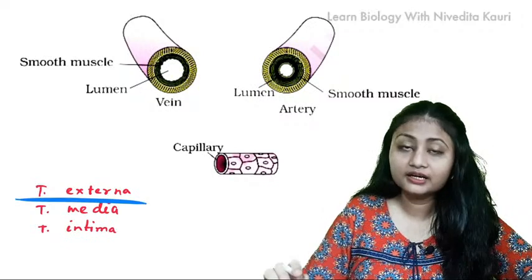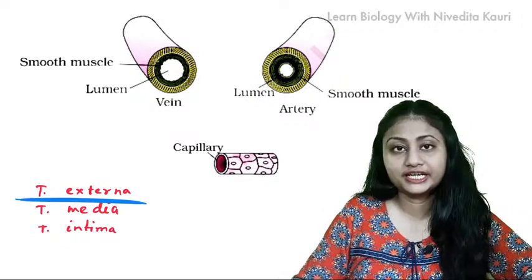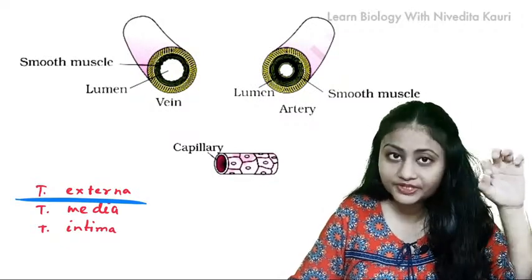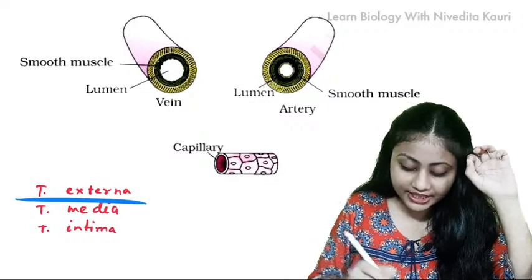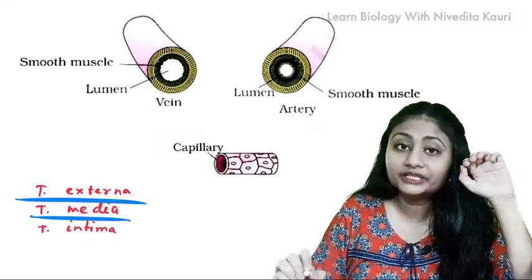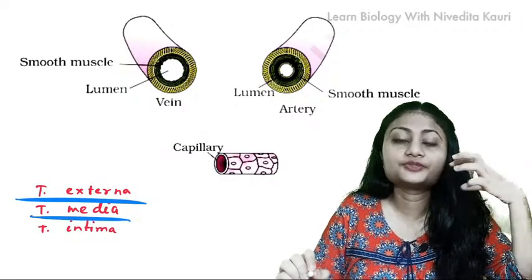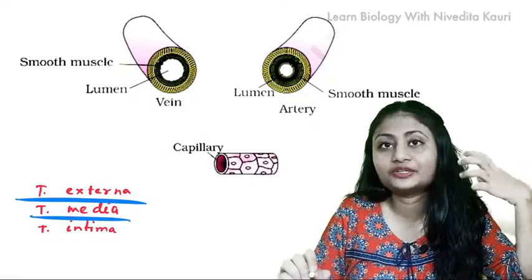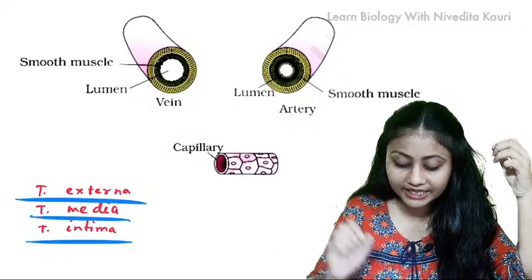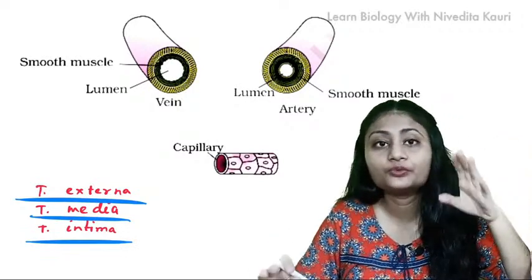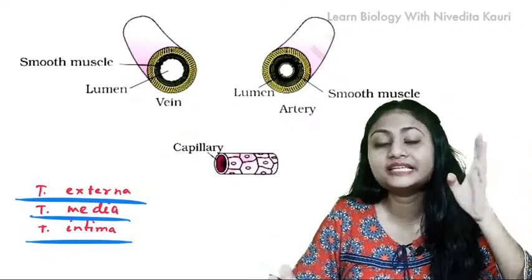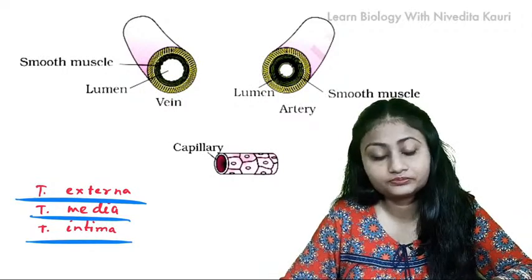Tunica externa is the outermost layer. It is made up of fibrous tissue with collagen fibers. Tunica media is the middle layer. It has the smooth muscles along with some elastic fibers, and tunica intima is the innermost layer, which is made up of the squamous endothelial layer.